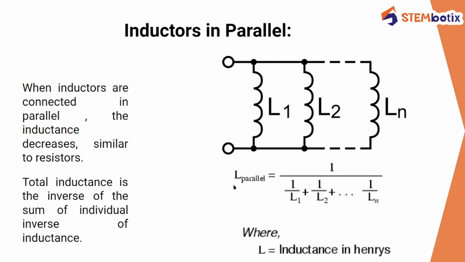Whenever n number of inductors are connected in parallel, the total or effective inductance decreases, similar to resistors. The total inductance is the inverse of the sum of the inverses of the individual inductances, where L is inductance in Henry. So inductance in parallel decreases, whereas with n inductors connected in series, the total inductance increases.